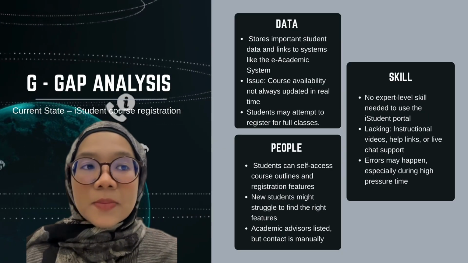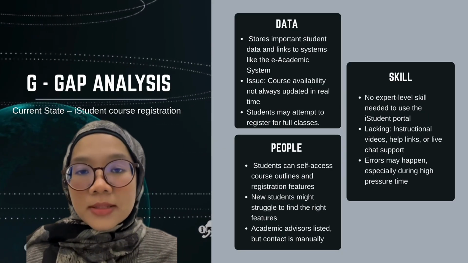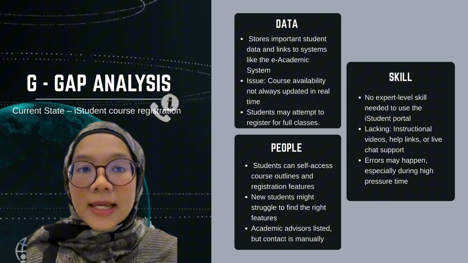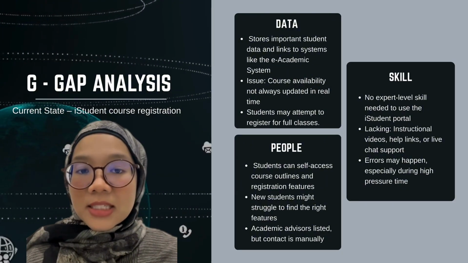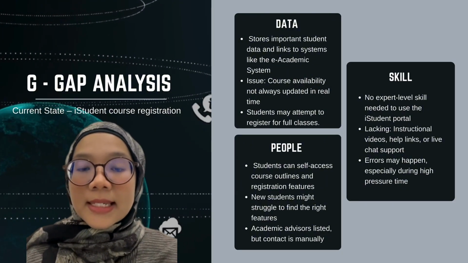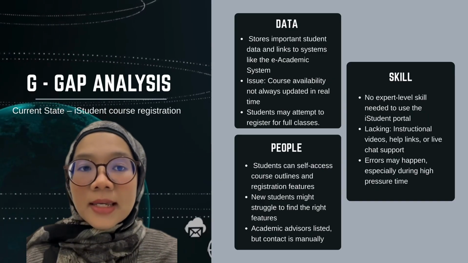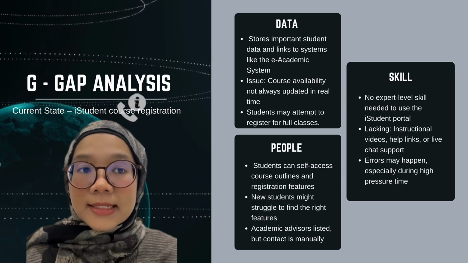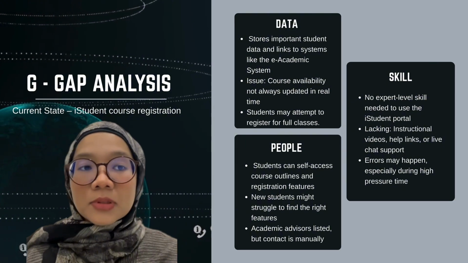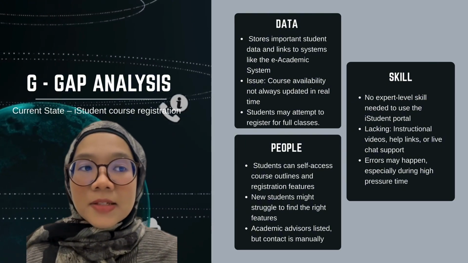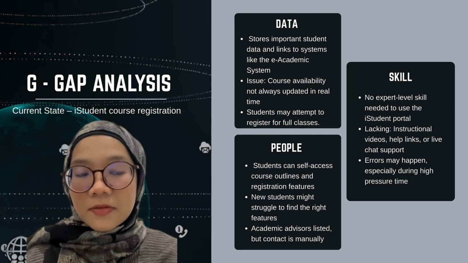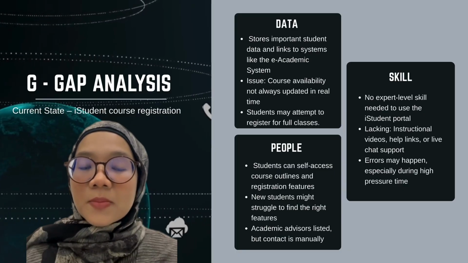However, there is a major issue with how course availability is updated. In many cases, course information is not updated in real time, which means students may try to register for classes that are already full. This leads to unnecessary delay and frustration during the registration process.